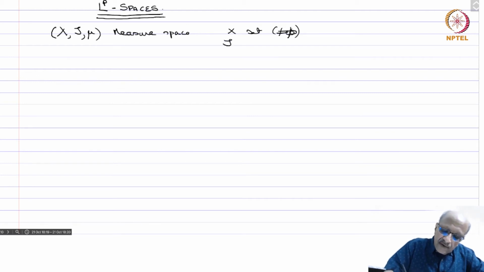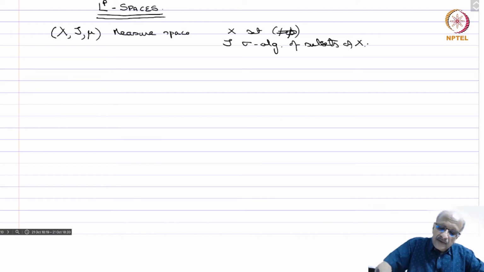And then S is a sigma algebra of subsets of X. That means X and the empty set are in this, and if you have a countable collection of elements here, then the union is also a member of S, so it is closed under countable unions and it is closed under complementation. If A is in S, A complement is also in S.